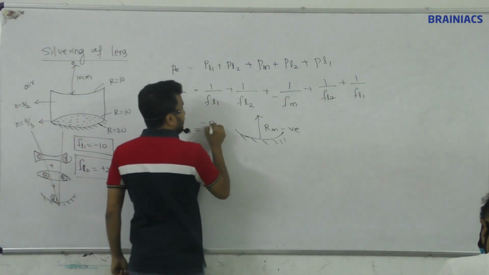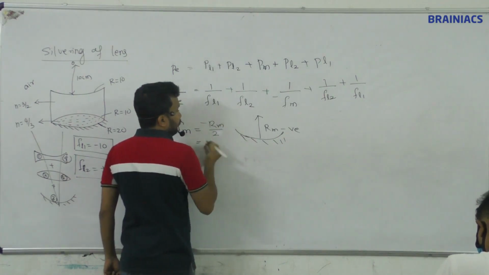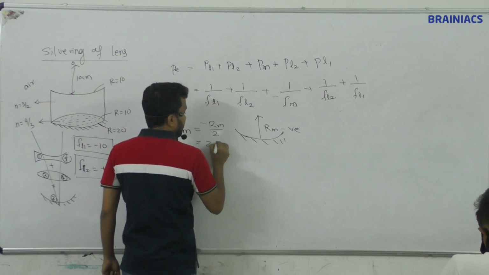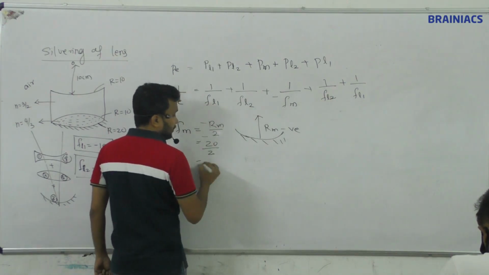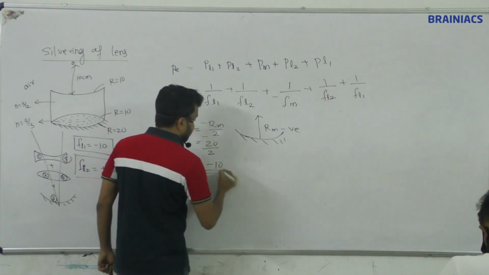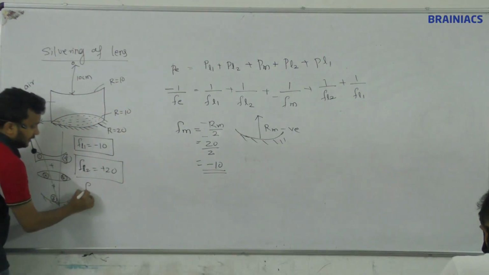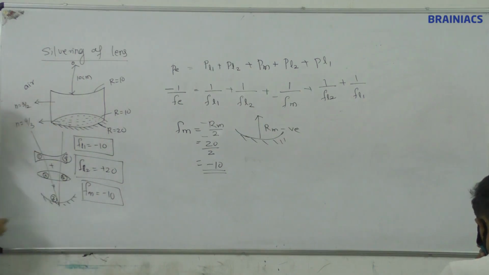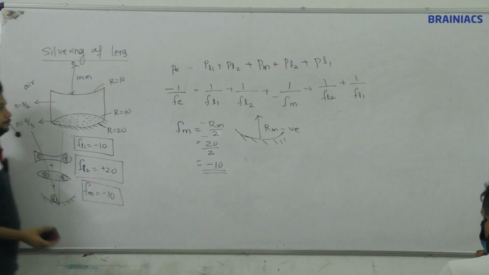So minus RM. What is the RM value? Second one, 20. So 20 divided by 2, minus. So it is equal to minus 10. Fm equal to minus 10. So I'll write here, Fm equal to minus 10. So I got everything. Now ready to substitute in the main equation.